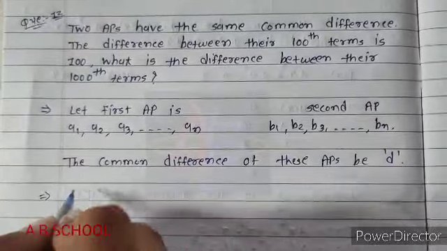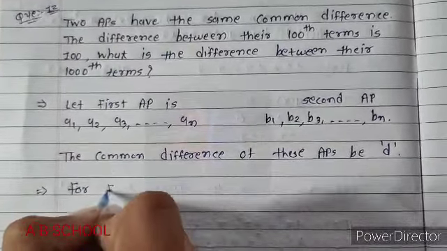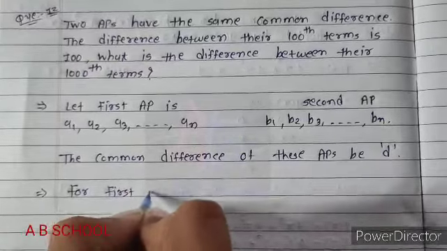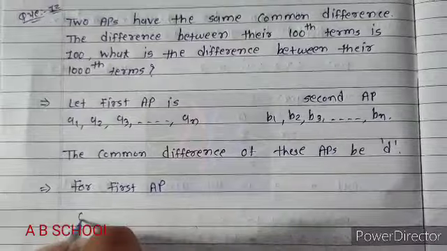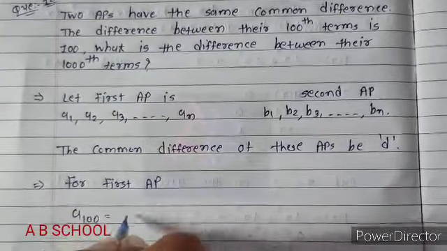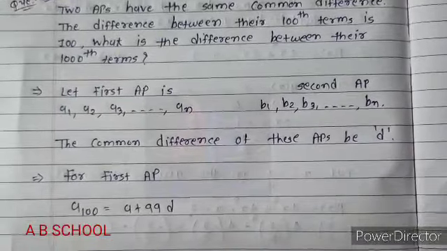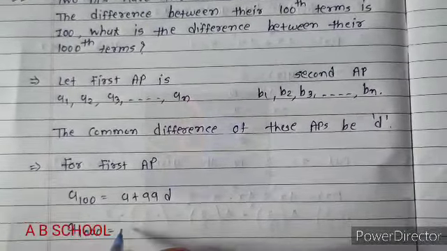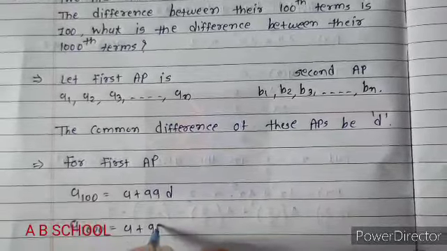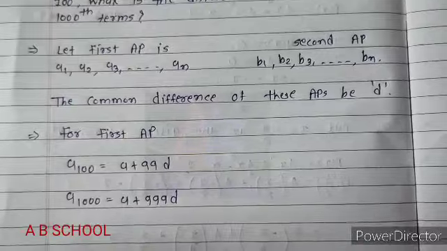Now for first AP, 100th term, A100 is equal to A plus 99D, and A1000 is equal to A plus 999D by using the general form of AP.